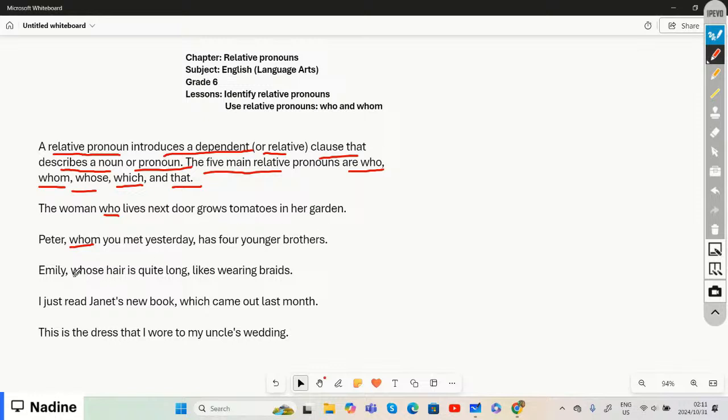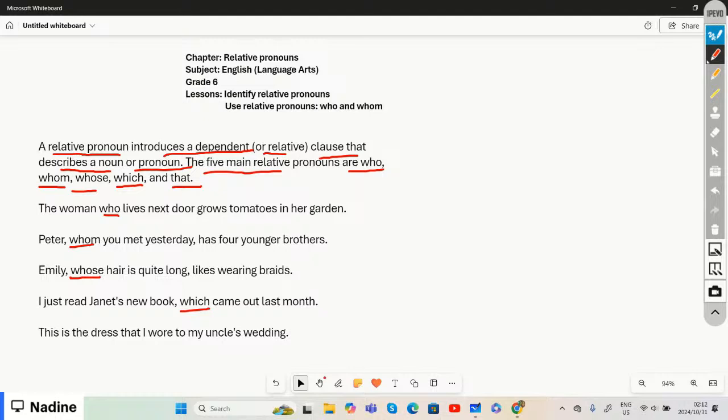And the next one says, I just read Janet's new book, which came out last month. Not that came out, which came out. If we talk about something belonging to someone, it's Janet's book, which.